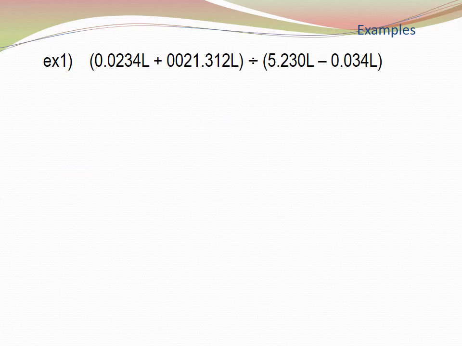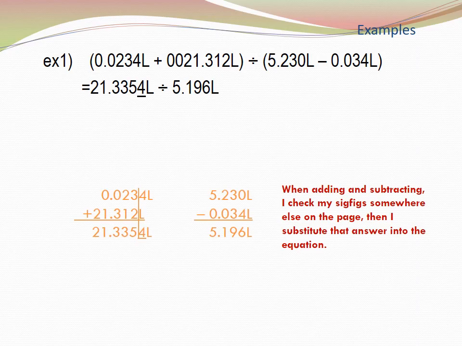So the first thing I'm going to do is some addition here because it's in brackets. I also have the subtraction that's in brackets. And since it's addition and subtraction, they have to go into columns. So when I do the addition, the top number has three significant figures, running out after the 4. The bottom number has 5 significant figures running out after the 2.